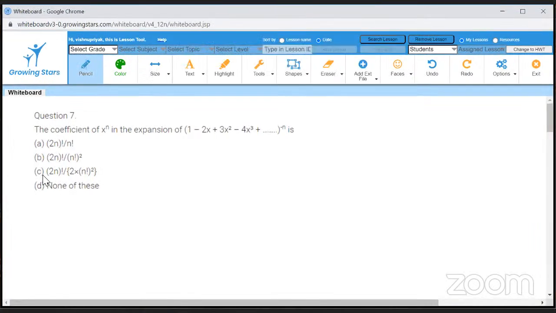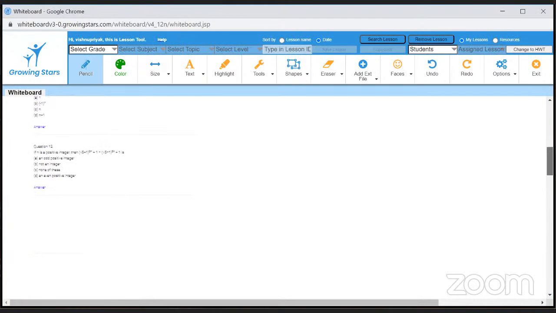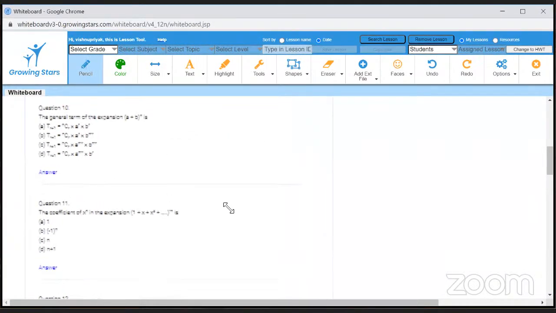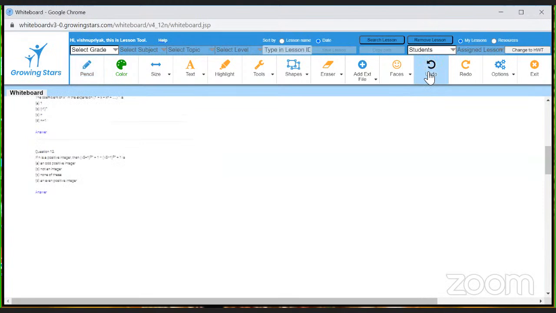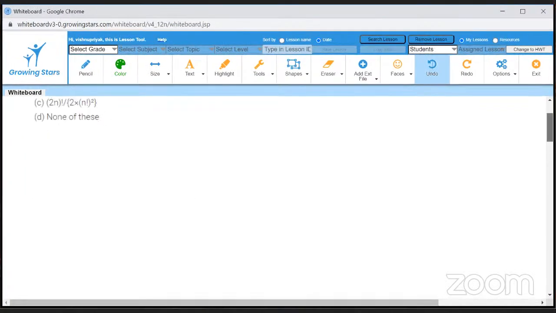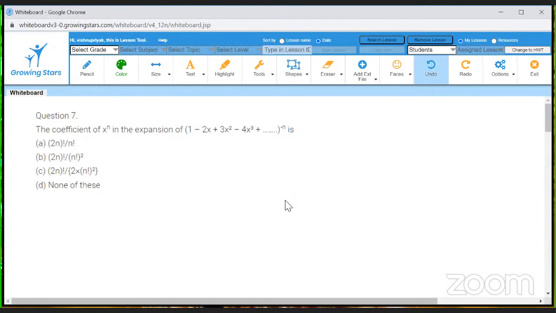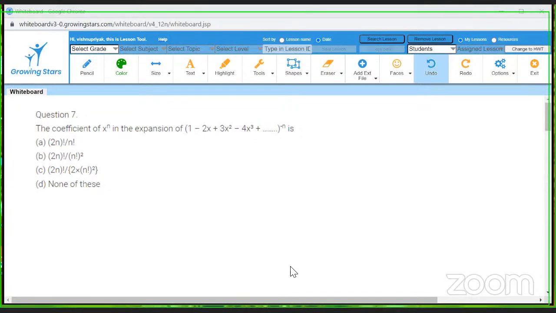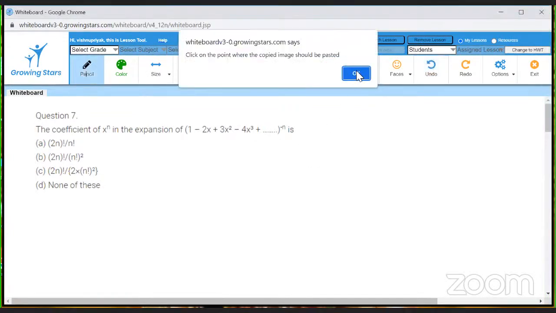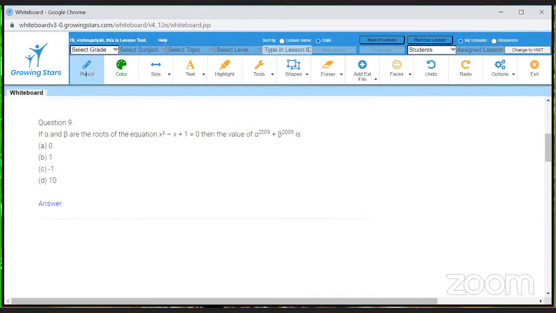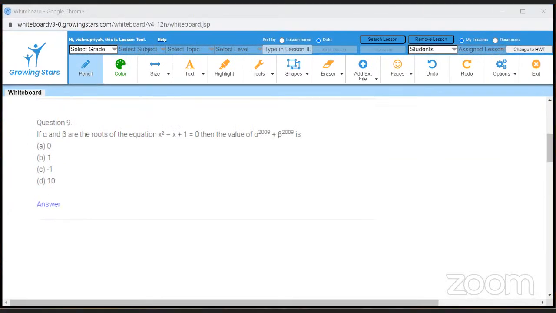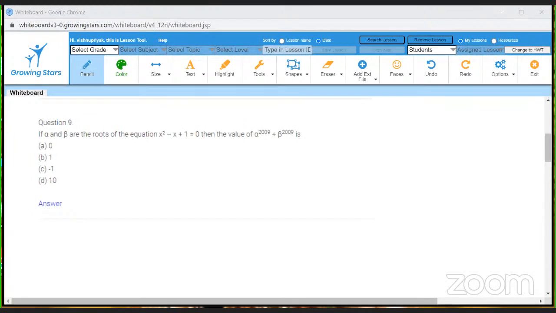Let me put and see whether you can see it properly. The image is looking blurred, so I'll put one by one. Try all these. Take it as homework.